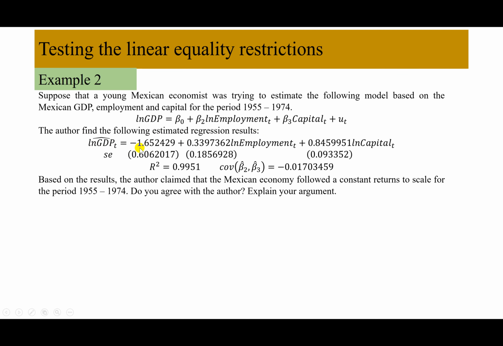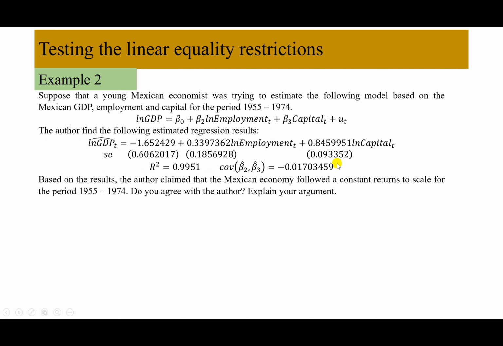Log GDP is equal to minus 1.652429 plus 0.3397 log employment plus 0.845991 log capital, and the standard error values are given. This gives us the R square value of this unrestricted model, and this gives us the value of covariance between the estimated coefficients beta hat 2 and beta hat 3.